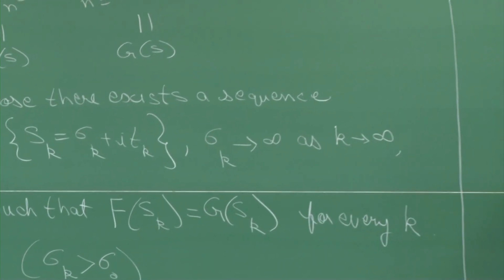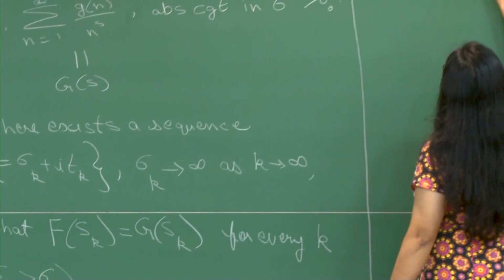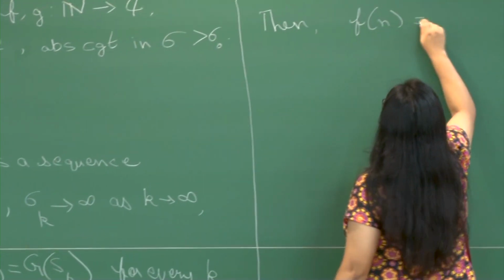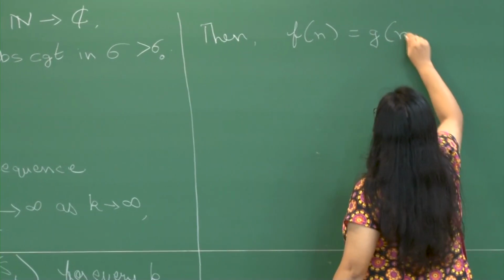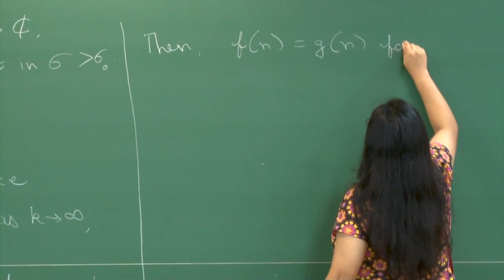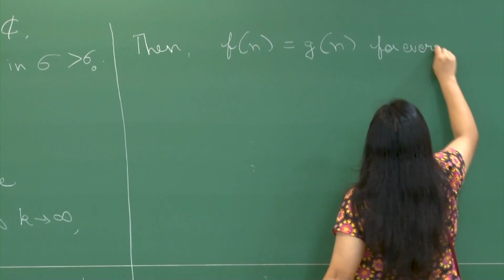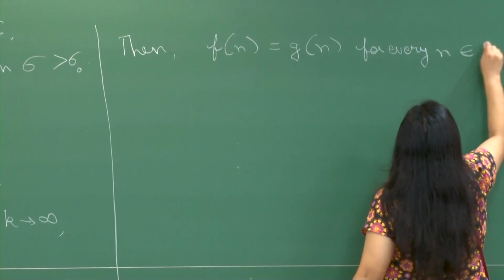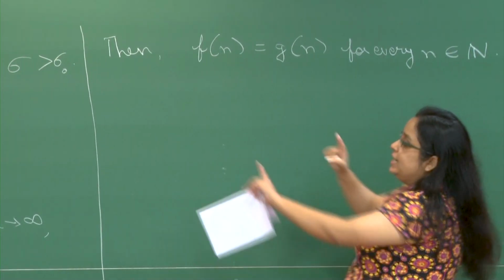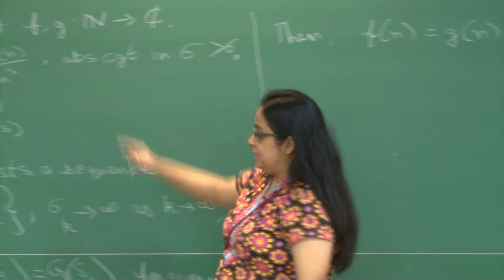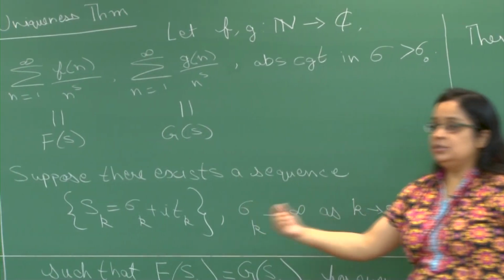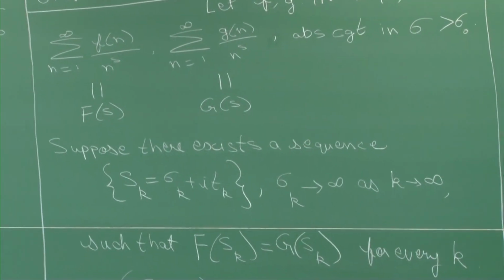if this be true, then f of n has to be equal to g of n for every n. So, all you want is the equality of the Dirichlet series for a sequence with real parts becoming larger and larger.